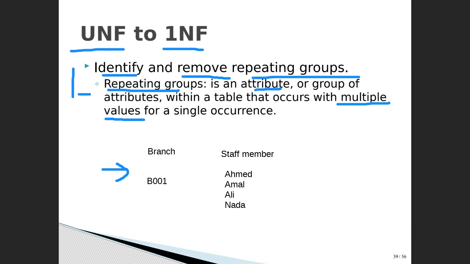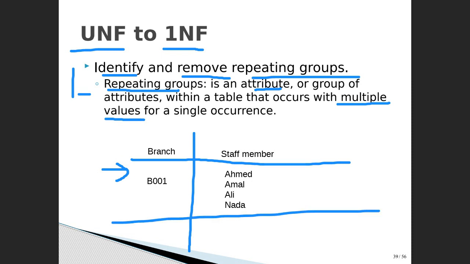What I mean here is, if you imagine it like that, this branch is fine. It includes only one value. But the problem is here. Who are the staff members in this branch?